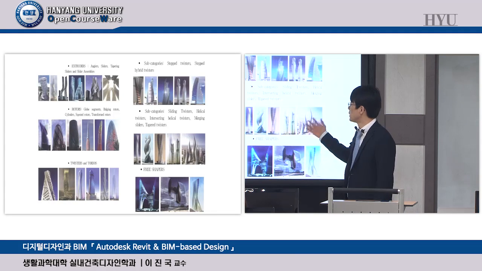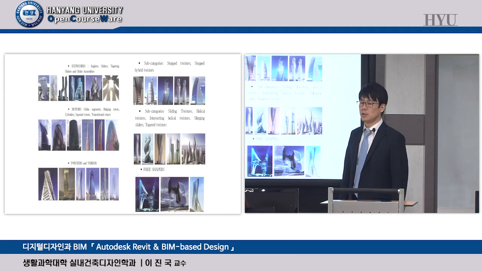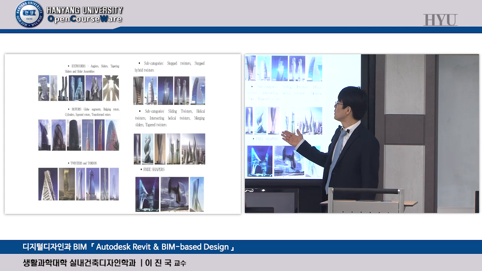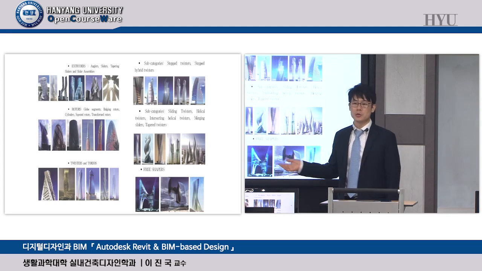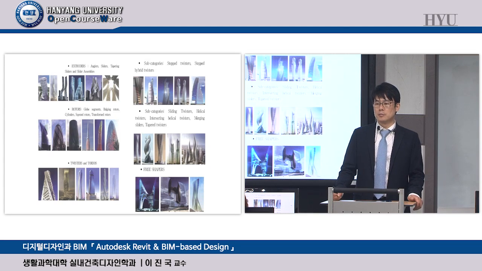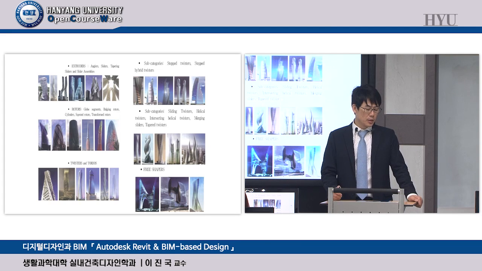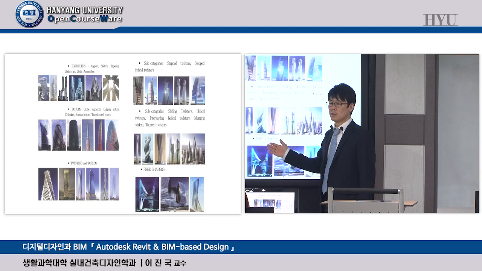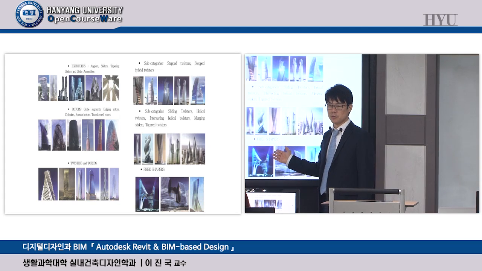Those are building designs recently suggested by architects or something realized, mostly still under development, or some ideas only. But anyway, two different ways. It's kind of a chicken-or-egg problem, okay?